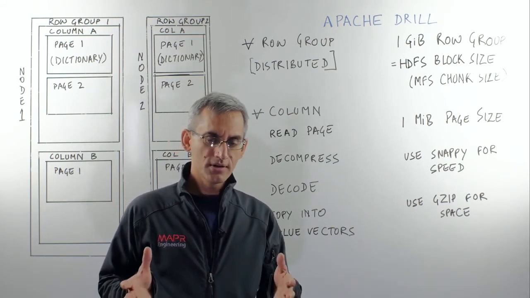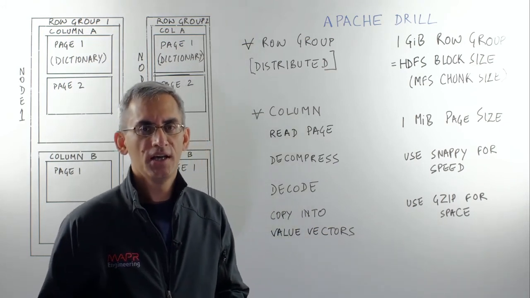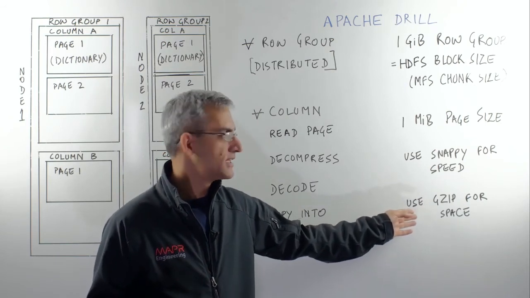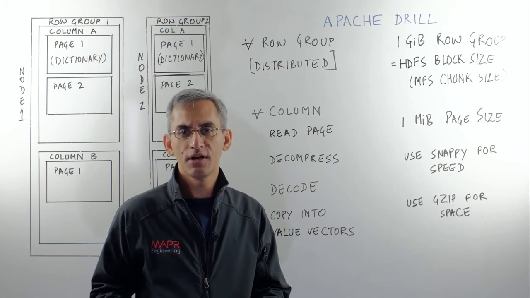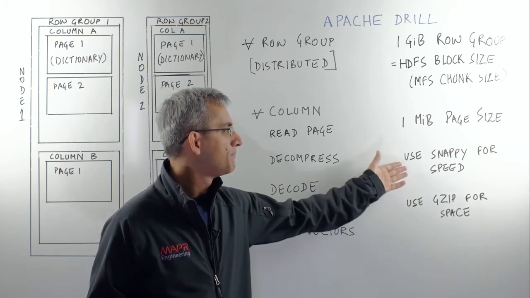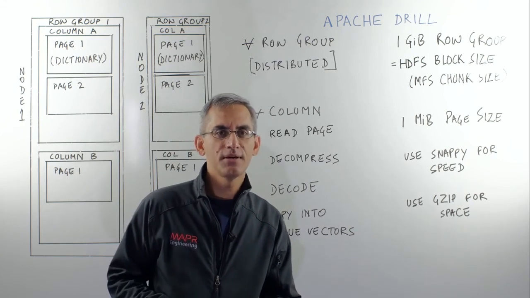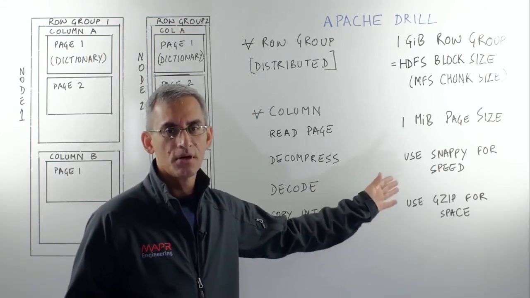So if you want to constrain the amount of disk space used by your data, you would prefer gzip, as it will minimize the space. If you just want to read much, much faster and are willing to trade off some disk space, you want to use Snappy. You may have to try this a few times, depending particularly on your kind of data. But these are the two most common options.